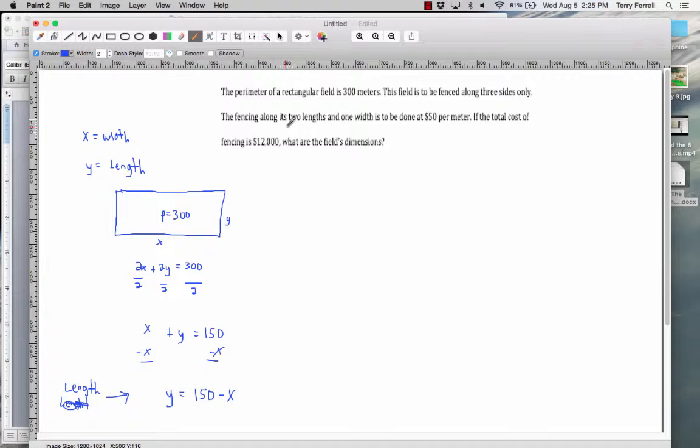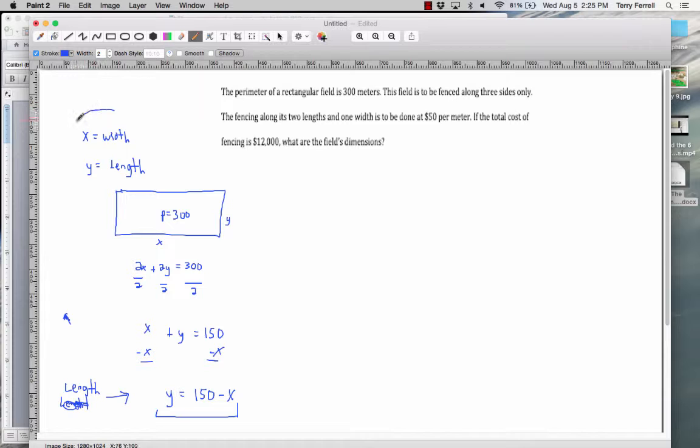Let's keep reading. It says the fencing along its 2 lengths and 1 width is to be done at $50 per meter. 2 lengths and 1 width. What does that mean? My length is here, and my width is x, right?